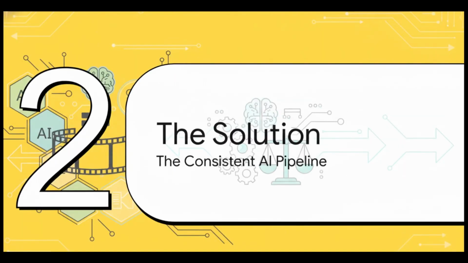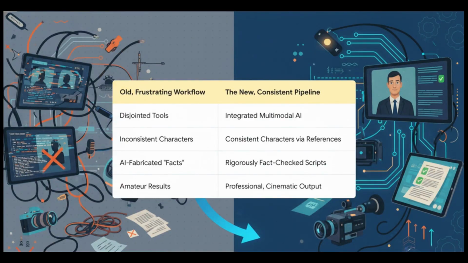But here's the good news. There is a solution, and we're going to walk through it right now. We're talking about a modern, professional workflow that's built from the ground up to solve these exact problems. The goal? To create something that's not only visually consistent, but also historically accurate. And this chart shows the shift perfectly. We're basically moving away from that old frustrating workflow, disjointed tools that give you amateur results, and moving towards a new integrated pipeline.